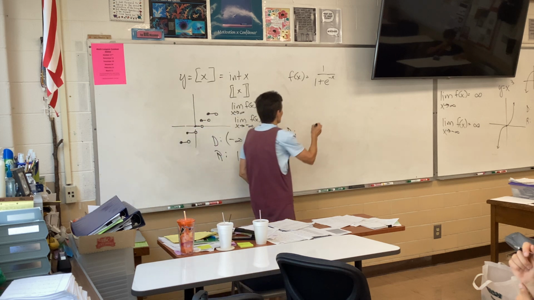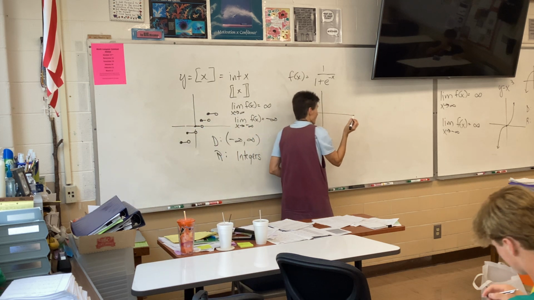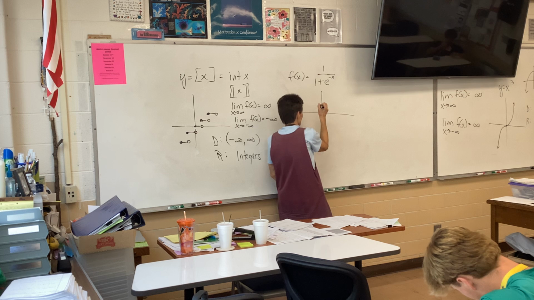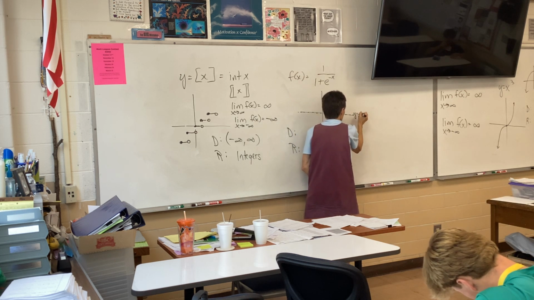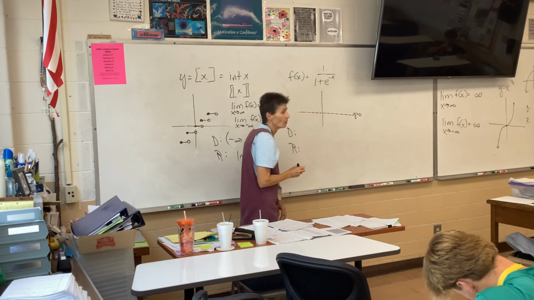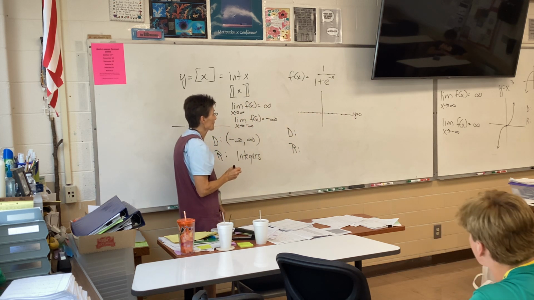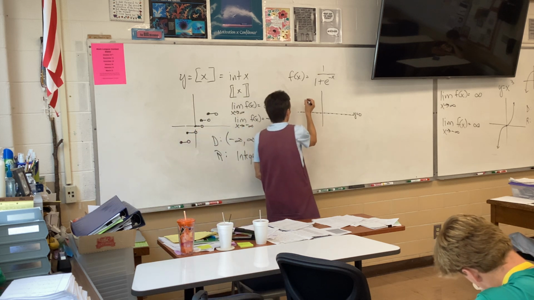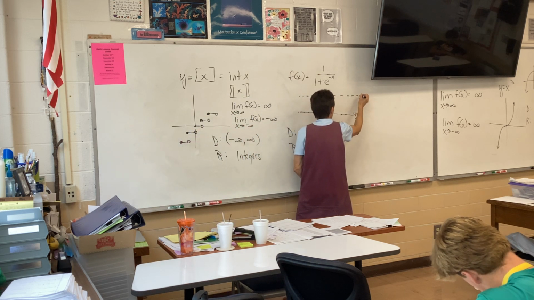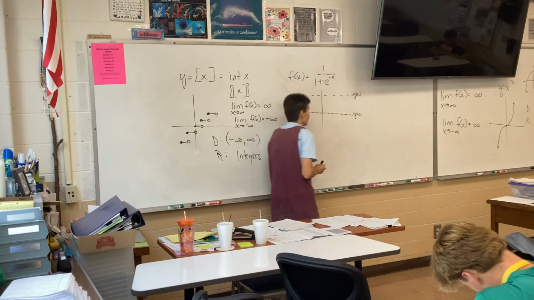What does this look like? Again, watch your scale here. You're going to have a horizontal asymptote at y equals 0, and a horizontal asymptote at y equals 1.